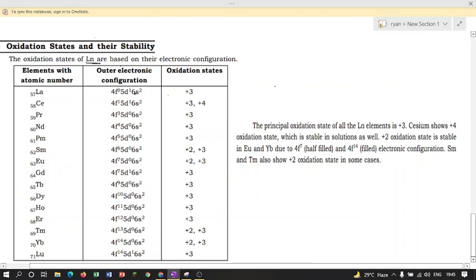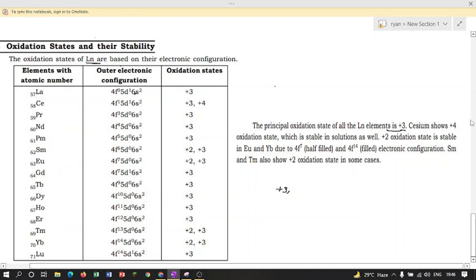Lanthanide chemistry presents no problem since everyone goes to Dr. Hayes excruciatingly through yearly lectures. Therefore, this sentence you have to study. The principal oxidation state of all the elements is +3. Therefore, the common oxidation state is +3.